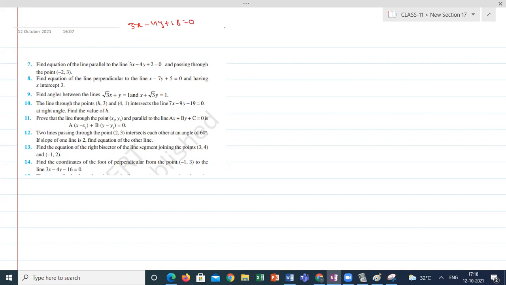So I just want to discuss a small concept here to do these kinds of questions very easily. Suppose this is a coordinate system and this is a line. The line equation is ax plus by plus c is equal to 0.